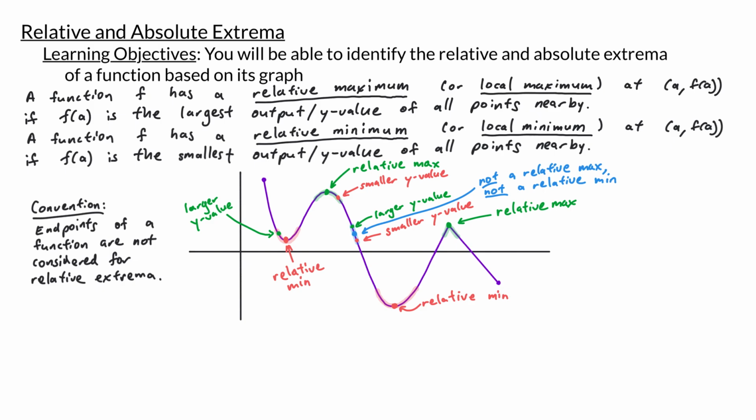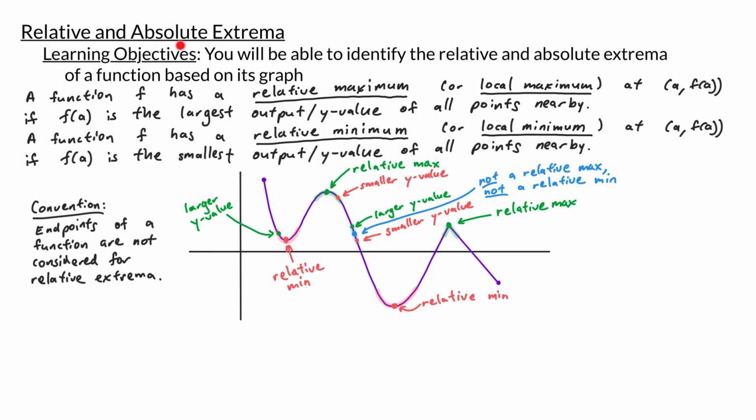On the other hand, if we look at our relative minimums, before it, our graph is decreasing. After it, our graph is increasing. At this relative minimum, before it, our graph is decreasing. After it, our graph is increasing. So we have relative minimums when our graph transitions from decreasing to increasing.